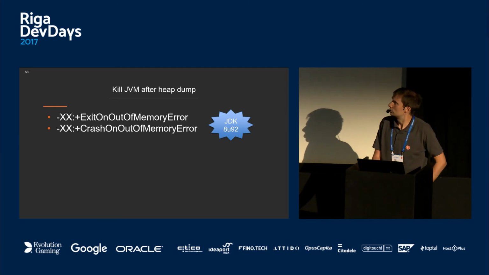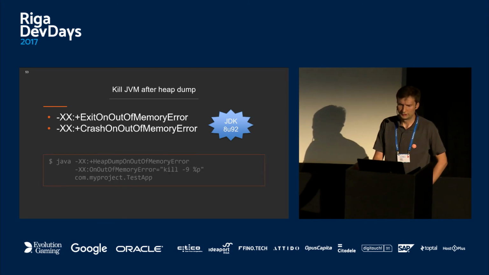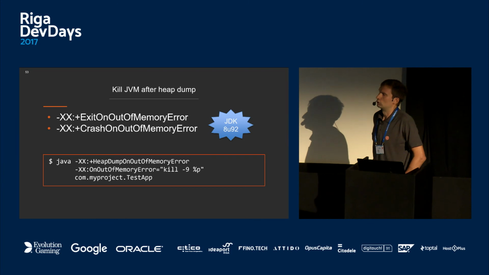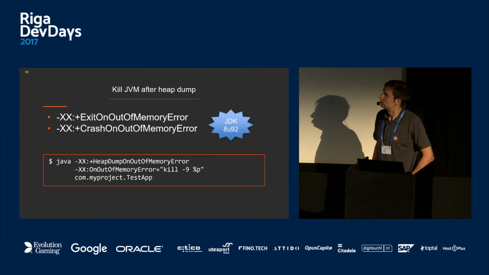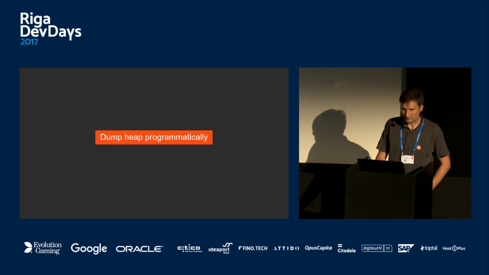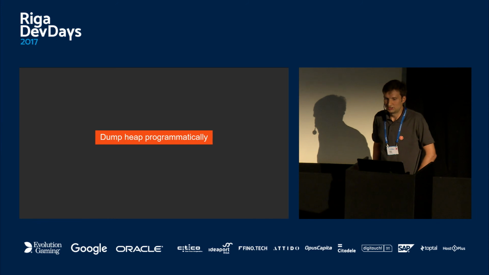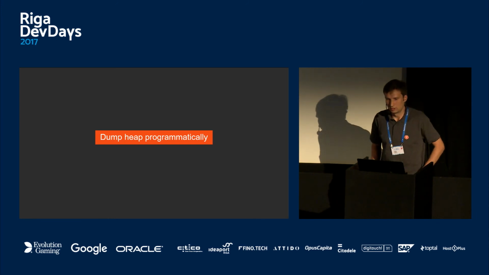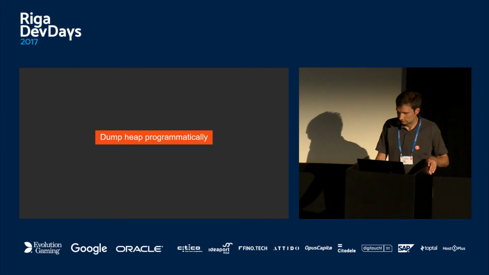However, this option is not really necessary because it was possible even in earlier JDKs using the on-out-of-memory-error flag. What if we decide to dump heap not only on out-of-memory error, but in some other cases? You can do it yourself.